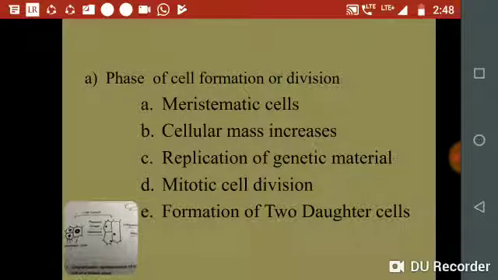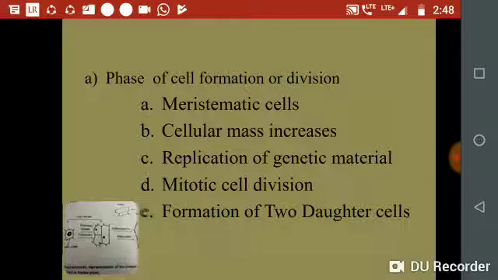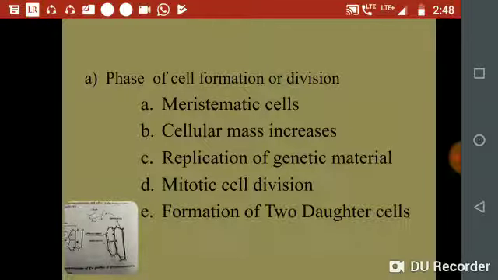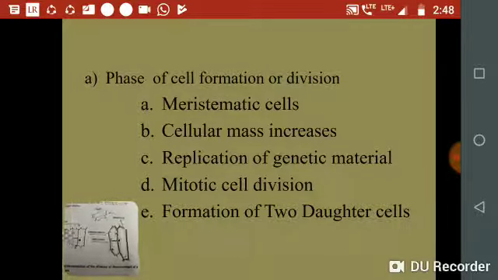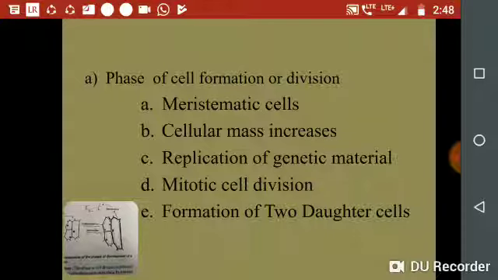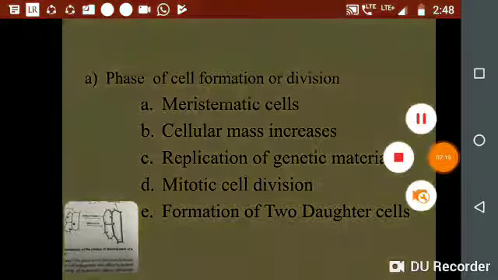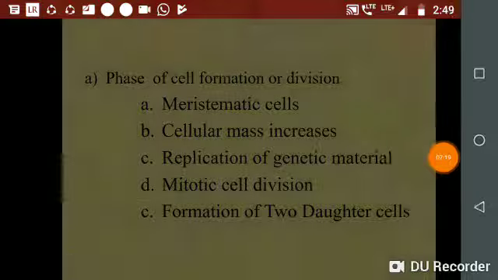These cells are metabolically very active at the time of cell division, and during the cell division, cellular mass increases and replication of genetic material occurs. The cell wall divides mitotically and two daughter nuclei are formed.